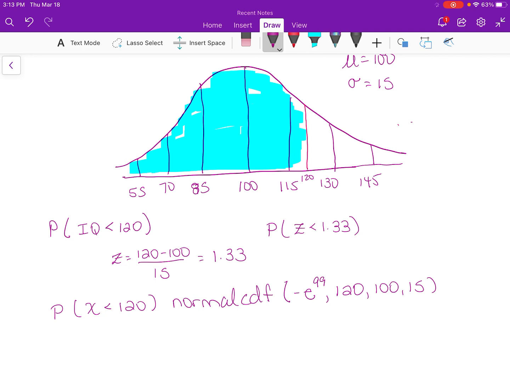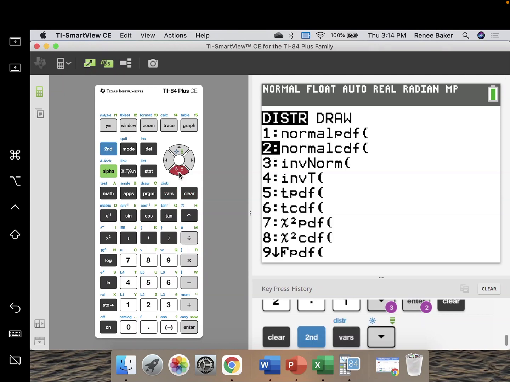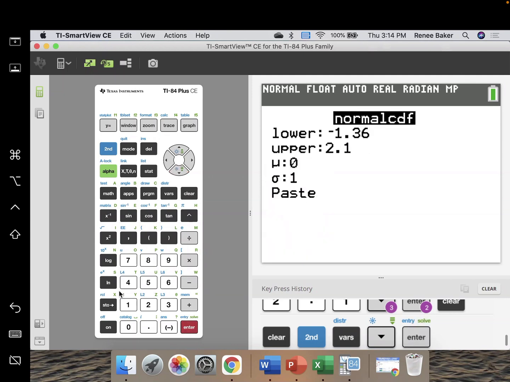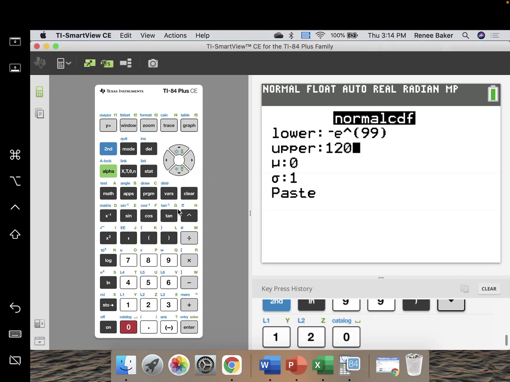So if I looked at it from that perspective, on my calculator, I could do second vars, go down to 2, use negative e to the 99th as my lower bound, 120 as my upper bound.